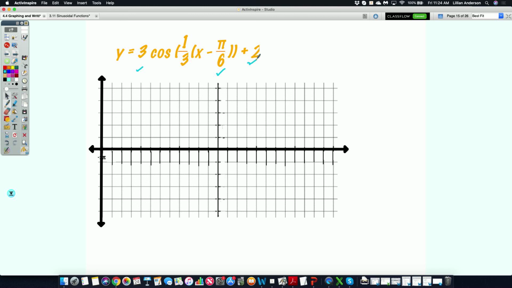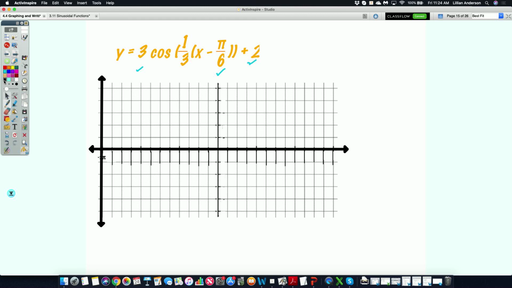It would actually be a stretch because it's by a factor of 1 over that value. So you stretch it by a factor of 3. And then it would be vertical, horizontal? Horizontal.